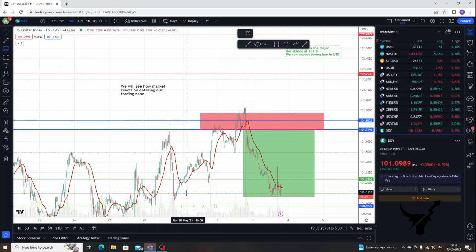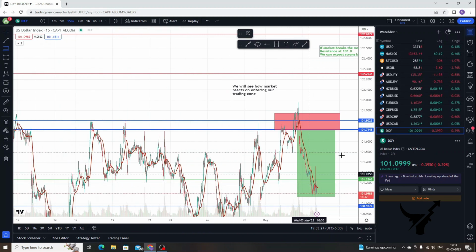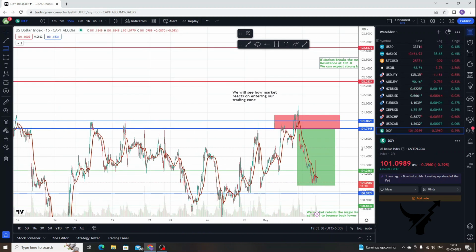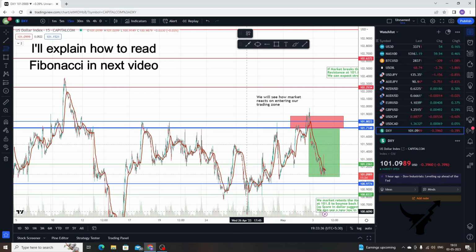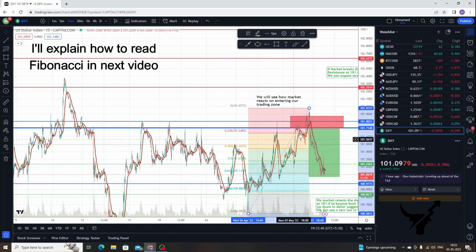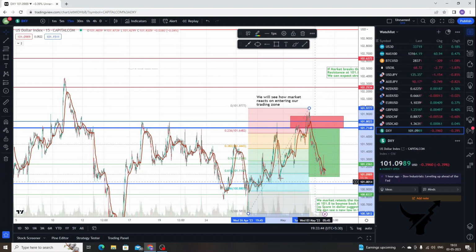The dollar just gained its momentum starting from here, and now it has traced itself back. So what we can see is a kind of reversal here.